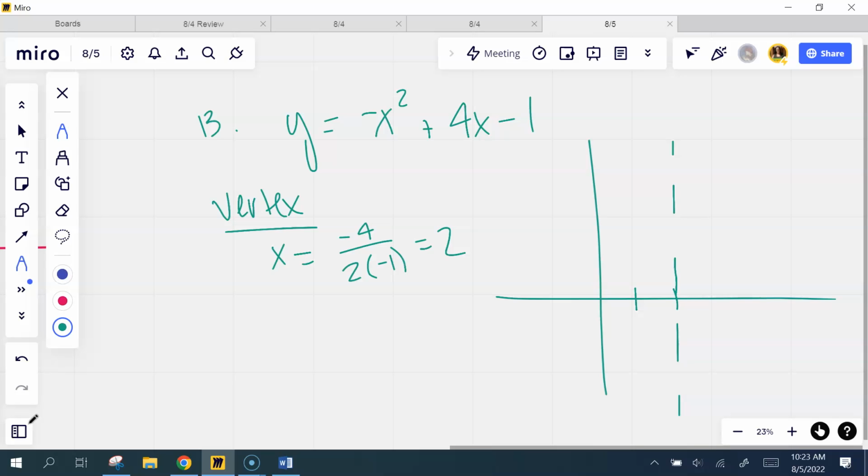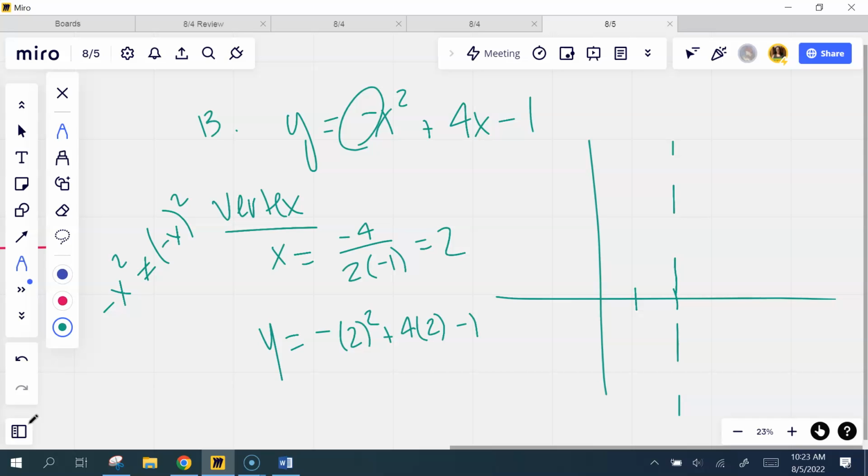Plug that 2 value in to find the y that corresponds to it. So be careful of that negative that sits in front. This is not the same as this. This says no matter what the answer is, make it negative in the end. So this is going to be -2 squared plus 4 times 2 minus 1.